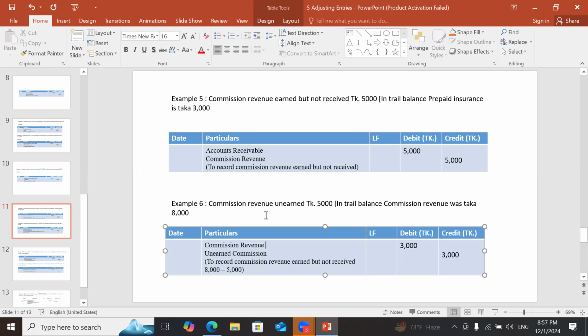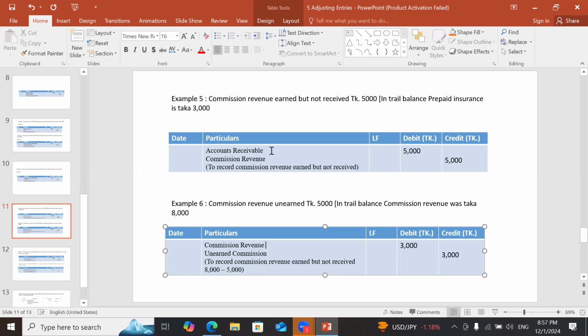Receivable, then I will get it, then it will increase. Now debit. You will get in future. Receivable, then it will be adding. It will be on the asset side.